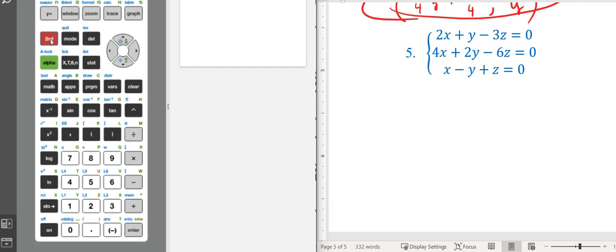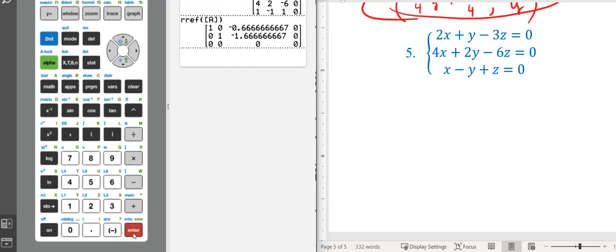Second matrix, let's look at it. Good. Second matrix, math, RREF, matrix A. Oh boy, I see a bunch of zeros at the bottom again. So there are infinitely many solutions.